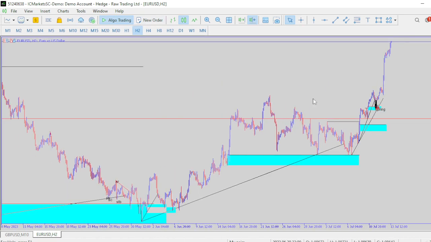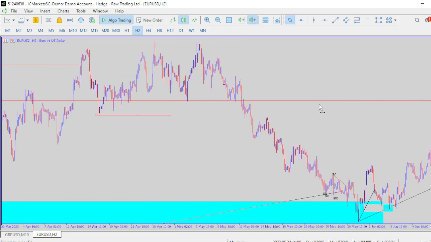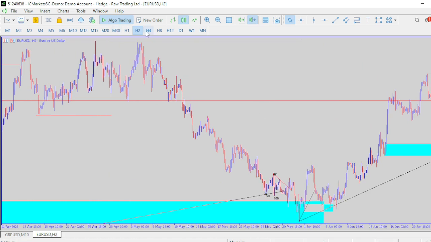Around this area, the price reaccumulated. A lot of people were thinking that the price is shifting from bearish to bullish because of this.